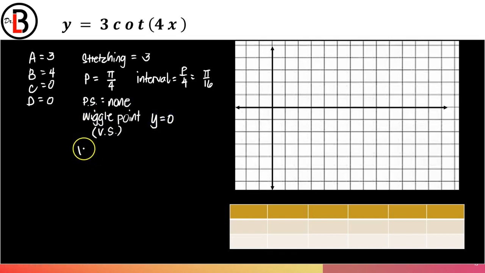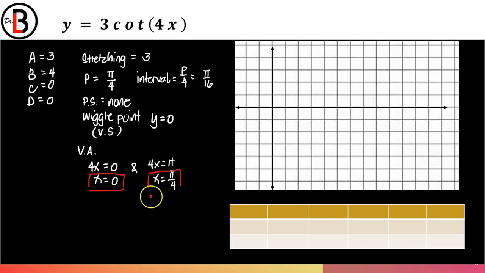So let's solve for the vertical asymptotes. For the vertical asymptotes, bx minus c is equal to 0 and bx minus c is equal to pi. So in this case, 4x equals 0 and 4x is equal to pi. Therefore, x is 0 and x is pi over 4. Let's just box this to remind us that these are vertical asymptotes.